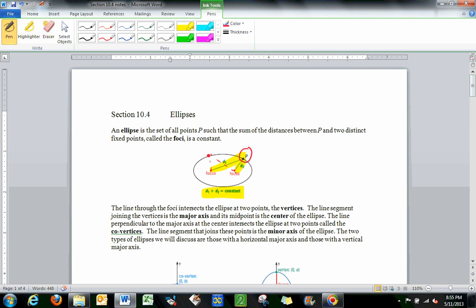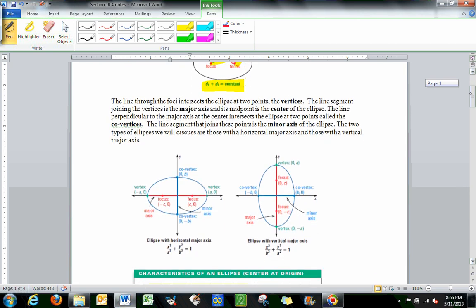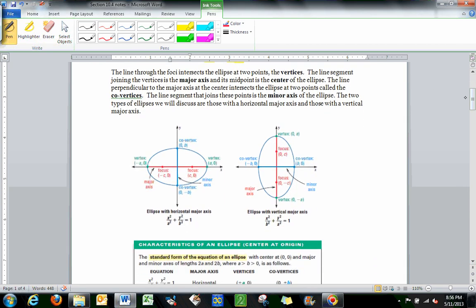Now, since we know how to define an ellipse, we thus create a handful of parts when we do create the ellipse. So let's take a look at some of the parts of an ellipse. First and foremost, when you create an ellipse, it'll either be long on a horizontal axis or it'll be long on a vertical axis.